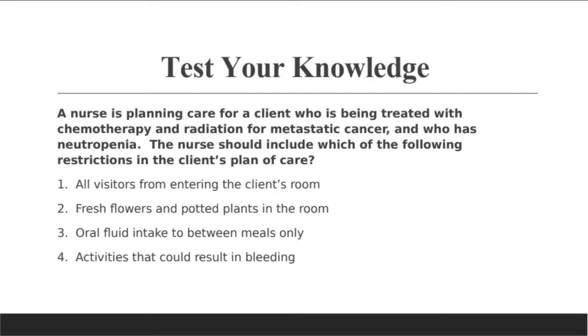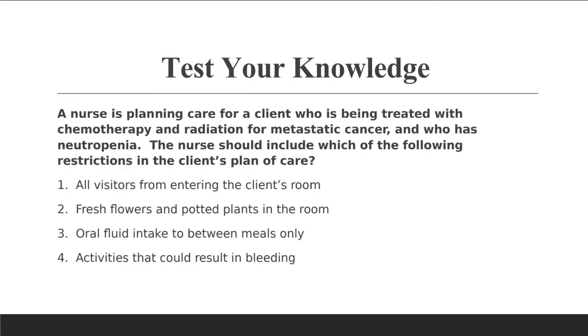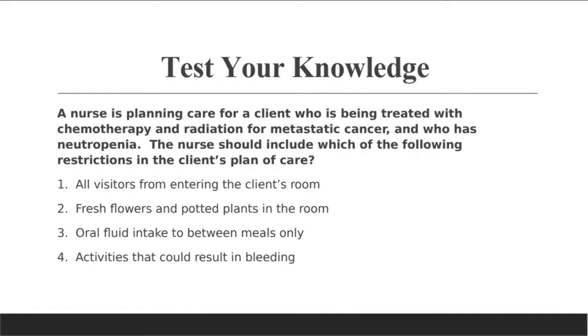I just want you to know that there's a lot of controversy about these neutropenic precautions, and it depends on your institution how they handle that. But I'm going to tell you that foods need to be cooked, but really fruits need to have a thick peel on them. So you're going to prefer to give them an orange over giving them strawberries, for example, because that orange is protected in a thick rind.